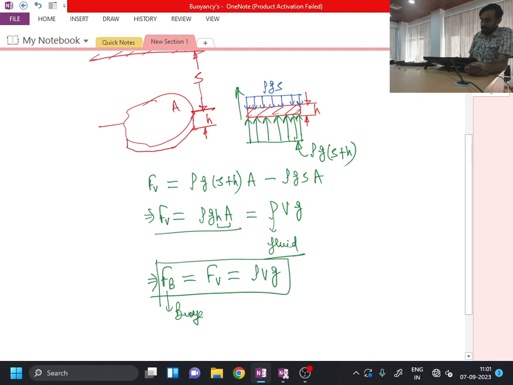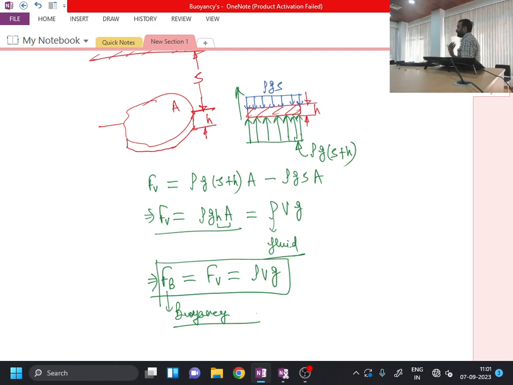So this is one important finding, and this vertical force we are calling the buoyancy force. It means that when a body is submerged in a liquid, it experiences different amounts of pressure at different locations depending upon the depth of these locations within the body. Because deeper locations are subjected to higher pressure, the body experiences an upward force in the vertical direction.